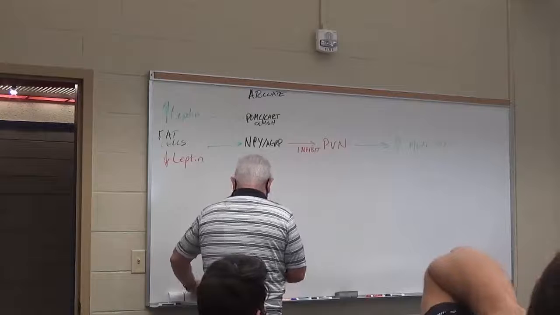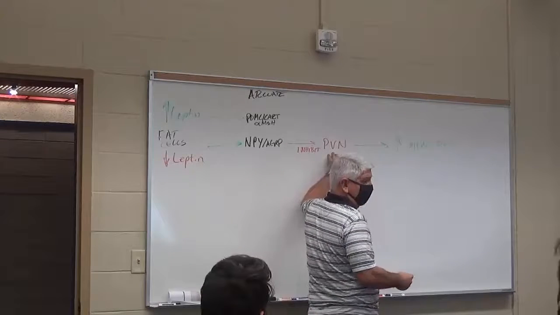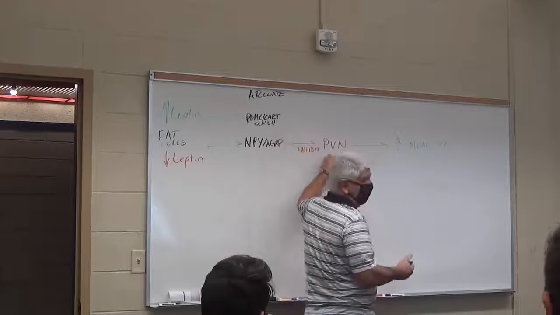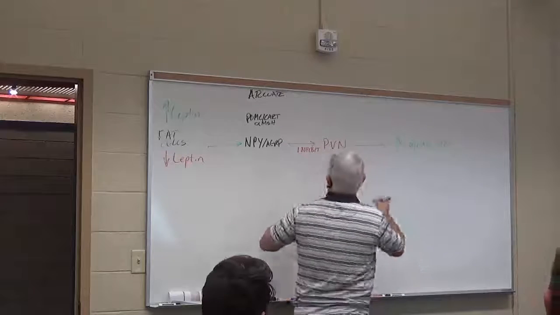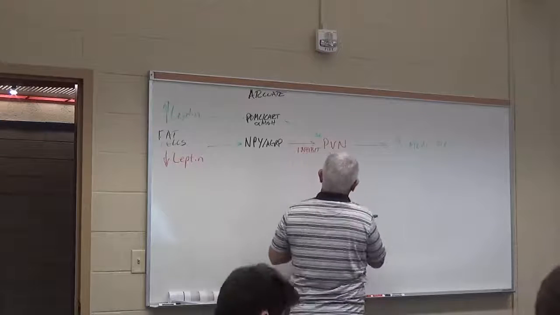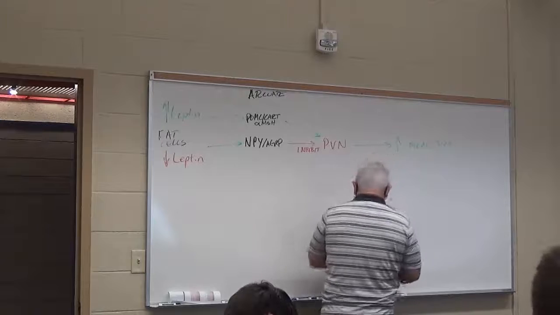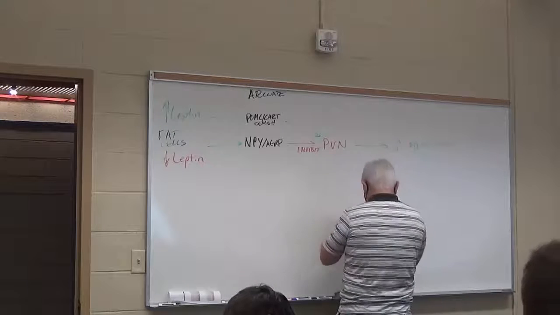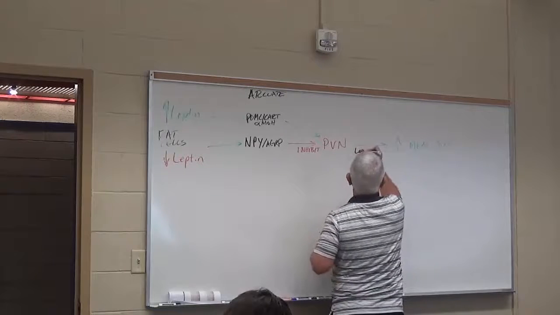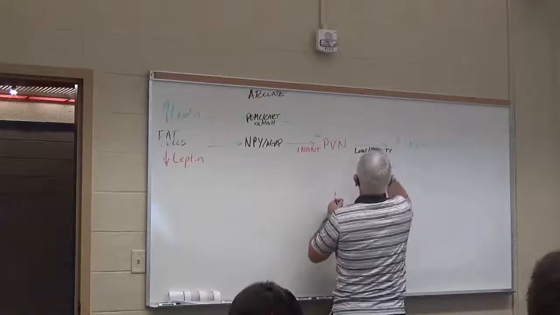When we have high leptin, then through the PBN, this is going to be stimulating the PBN. And when the PBN gets stimulated, this is going to be low activity.